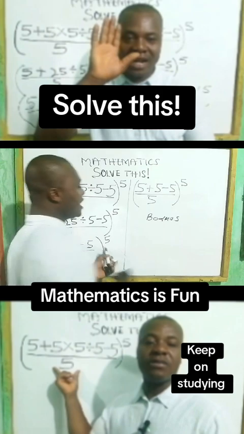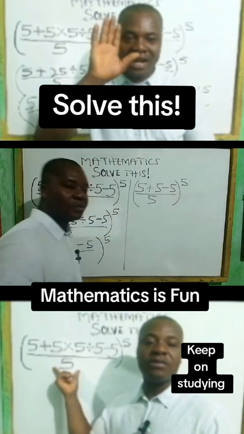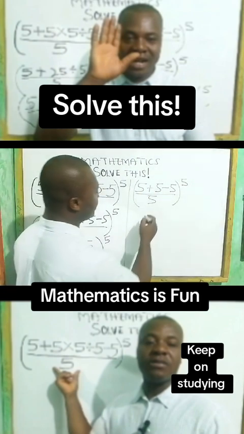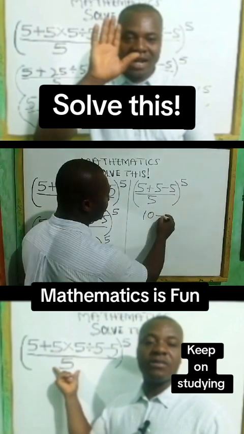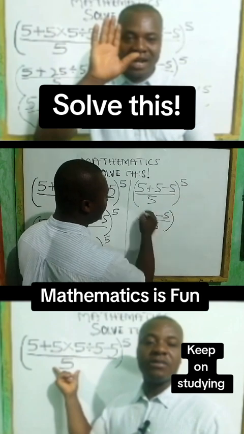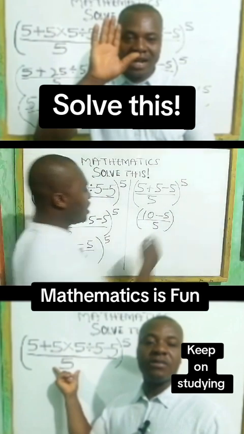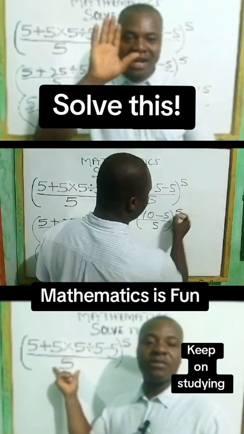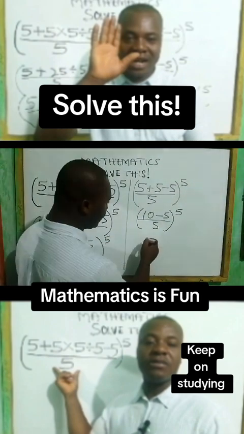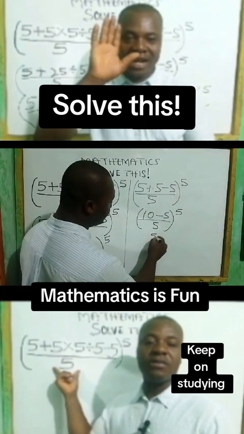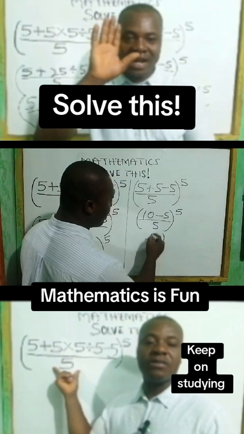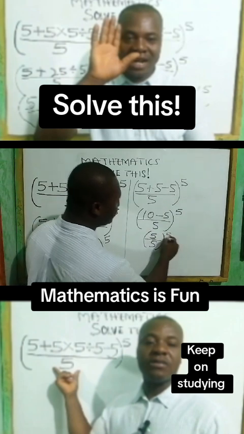So let's do it and then you will see. 5 plus 5 gives us 10, minus 5 divided by 5, raised to the power 5. Now 10 minus 5 gives us 5.